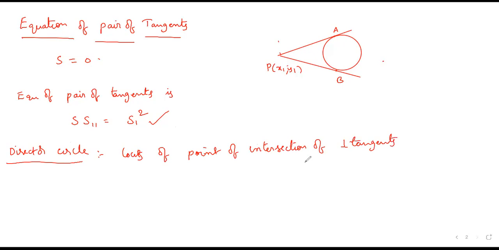The locus of the point of intersection of perpendicular tangents is a circle. That circle is nothing but the director circle. So for the circle S equals 0, you have to find the director circle.